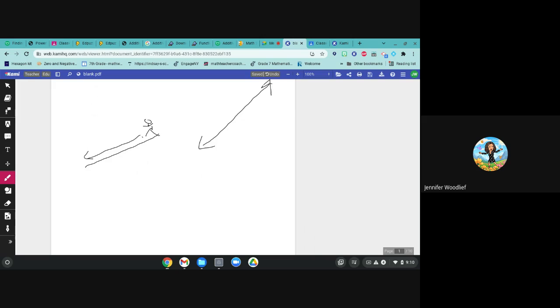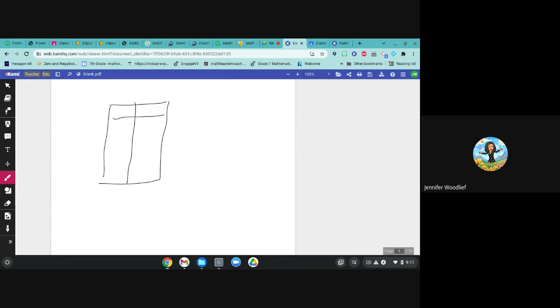Now, the first thing we're going to actually talk about is we're going to be looking at tables, okay? So I'm going to make a table here. We're going to have our X and Y values. All right, and then I'm going to give us some numbers. Let's just start out very basic.